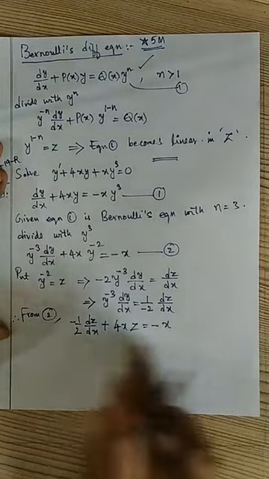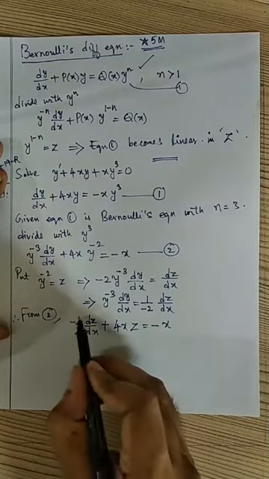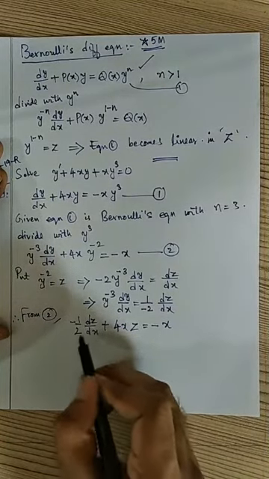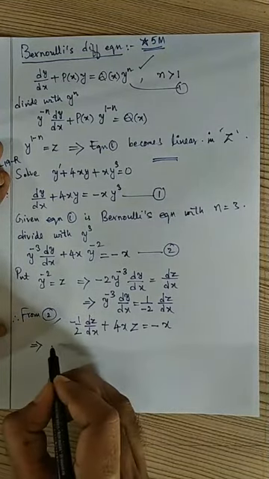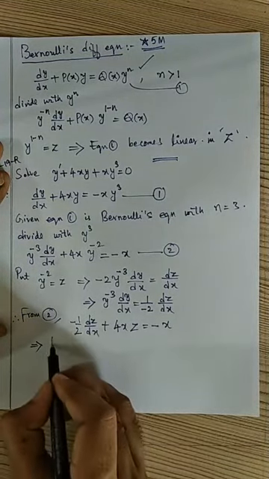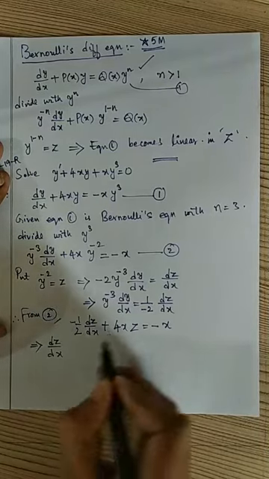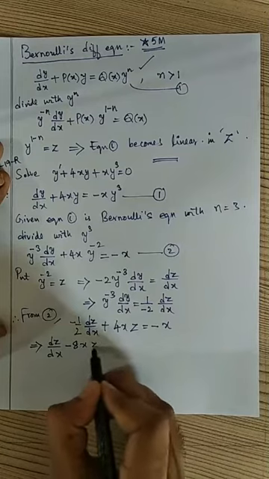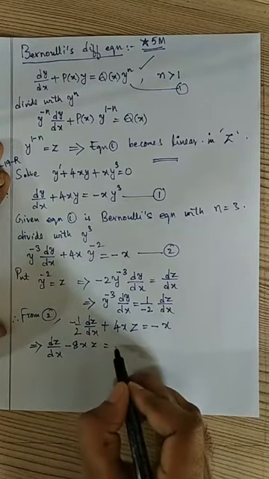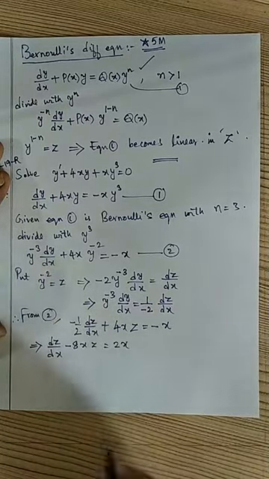Right? Now I'll multiply this whole equation with minus 2, because I don't want any coefficient for the derivative. So what will happen? I'm multiplying with minus 2 now, so minus 8xz and equals to, this minus will become plus 2x.